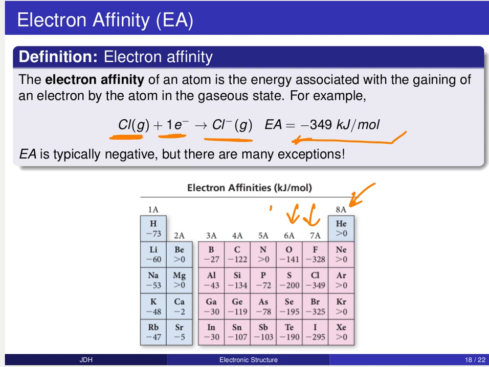So we can see that the affinity for electrons is typically increasing. It'll increase as you go up the periodic table, and it will increase as you move from left to right. Again, many exceptions, but I just want you to remember those broad overarching trends.